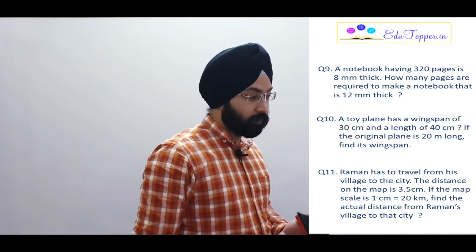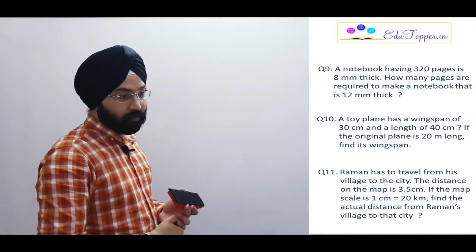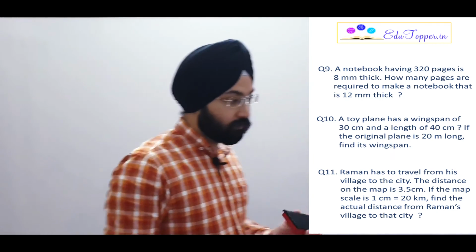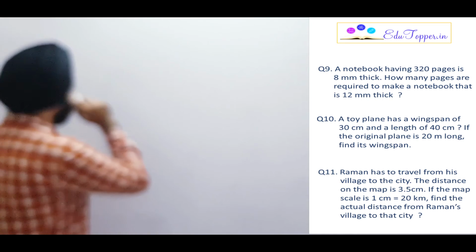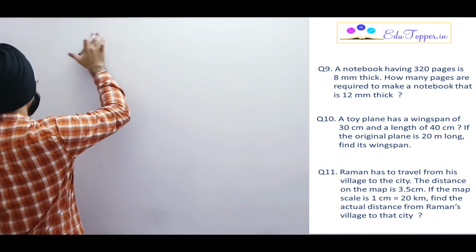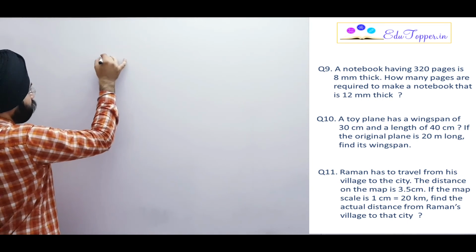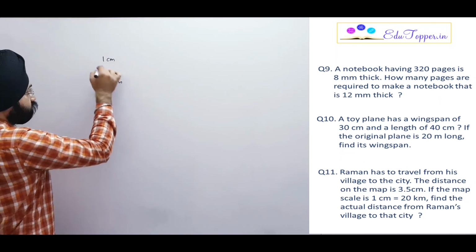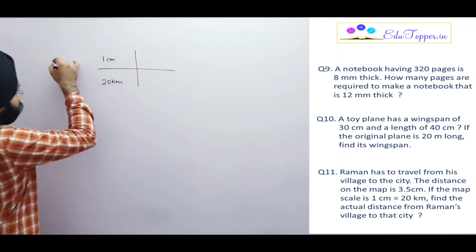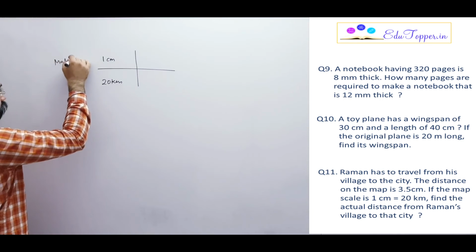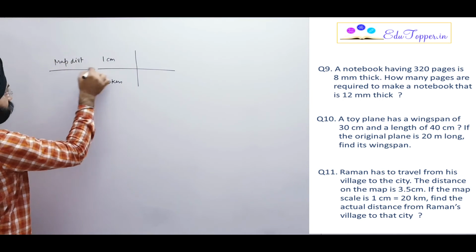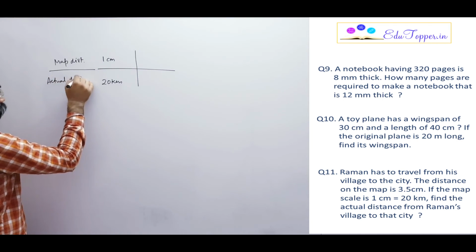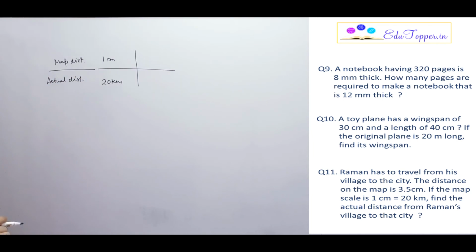Distance on the map is 3.5 centimeters and 1 centimeter is 20 kilometers. See, one centimeter on the map is 20 kilometers. Map distance by actual distance, right?